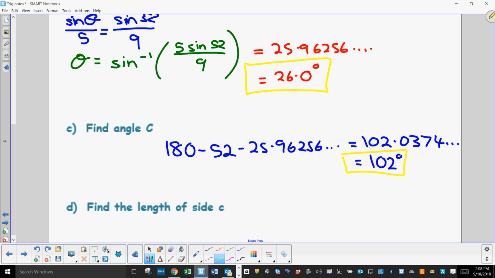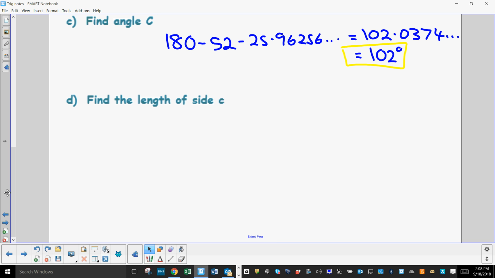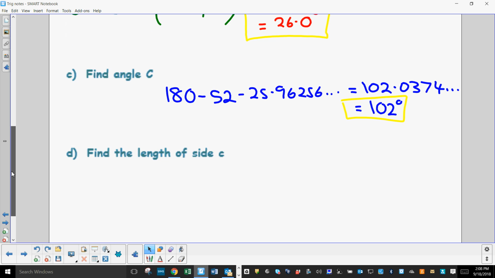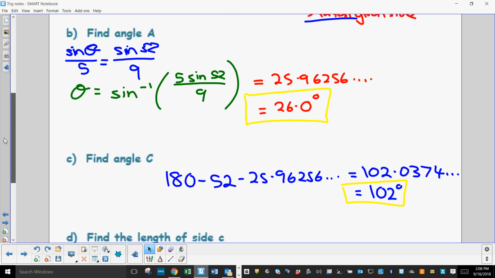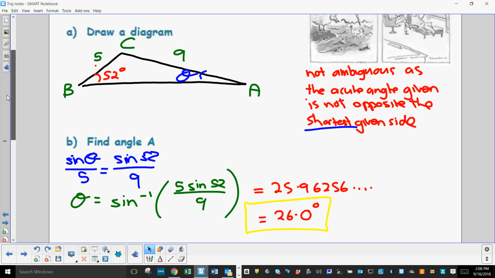And then we're asked, last one, find the length of side C. We'll need to use which angle to find the length of side C? Angle C, yeah.